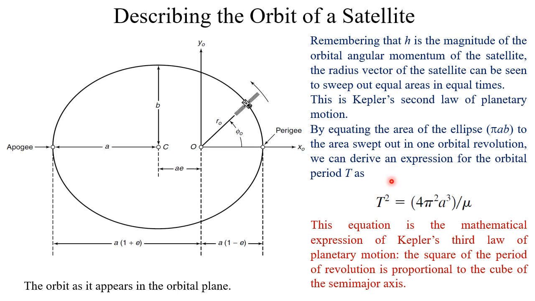We have already seen the relationship between the time period and the radius of the circular orbit, but we can easily prove the same thing for the elliptical orbit as well. So T square equals 4 pi square a cube divided by mu.